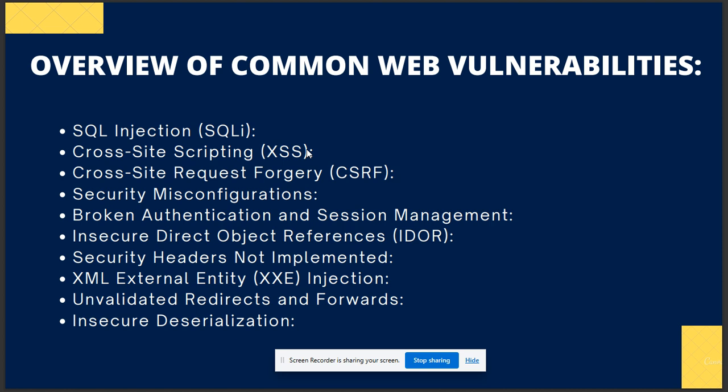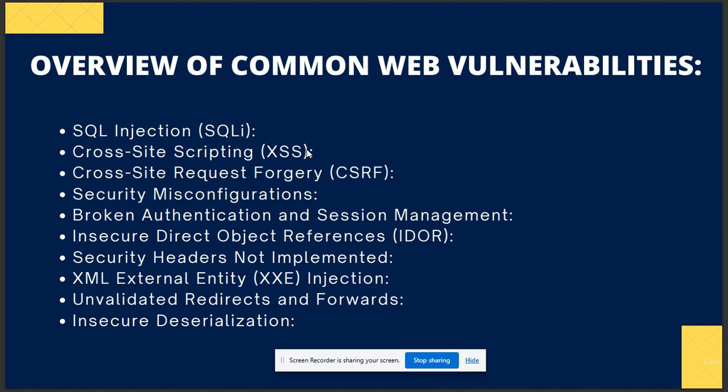And the fourth one is security misconfiguration. It can occur when the system or applications are not securely configured, exposing security information or providing unauthorized access. Regular security audits, proper configuration management, and following the principle of least privilege will help to prevent these security misconfigurations.